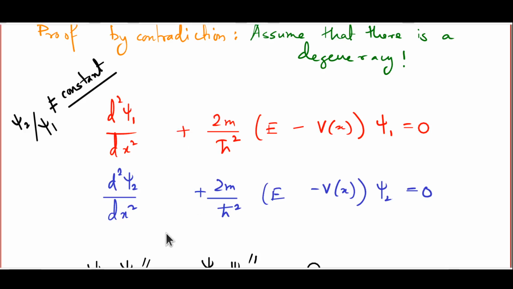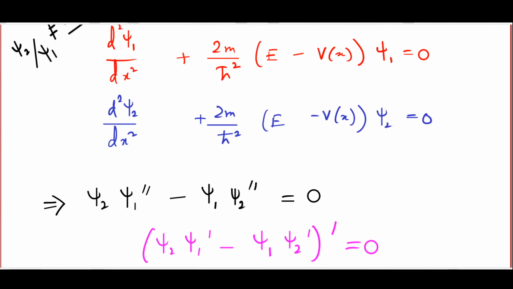Now, given this equation, it's pretty easy to multiply the first one by psi2, the second one by psi1, and arrive at this result by simple subtraction. Psi2 psi1 double prime minus psi1 psi2 double prime is 0. But if that is the case, then it's easy to see that this left hand side is psi2 psi1 prime minus psi1 psi2 prime's derivative.